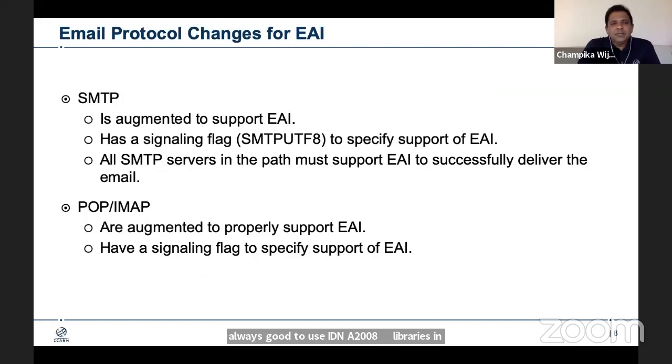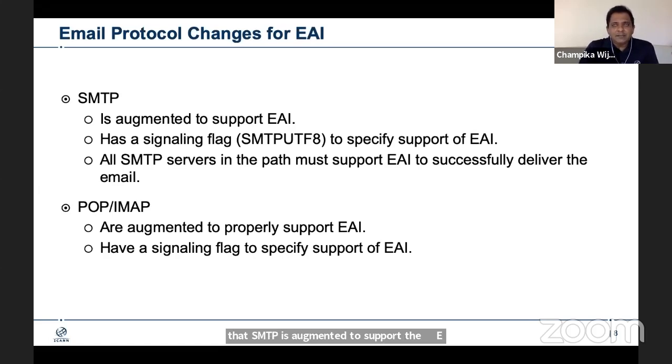Now, when it comes to the email protocol changes for EAI, as we know, we use SMTP to send emails between mail transfer agents. So between MTAs, we have to make sure that SMTP is augmented to support EAI.